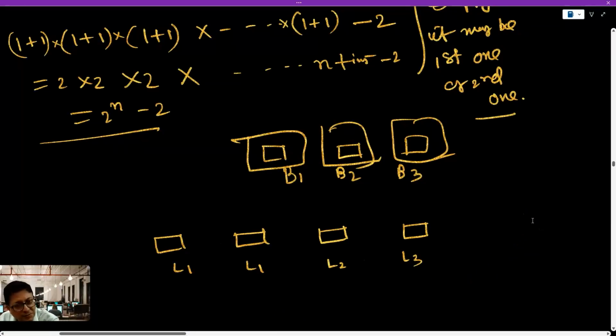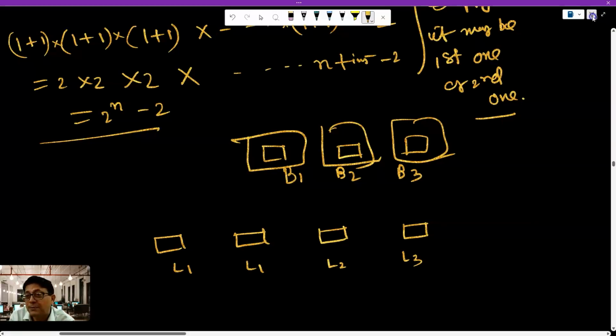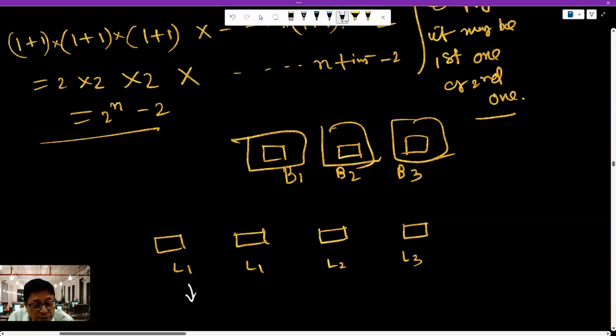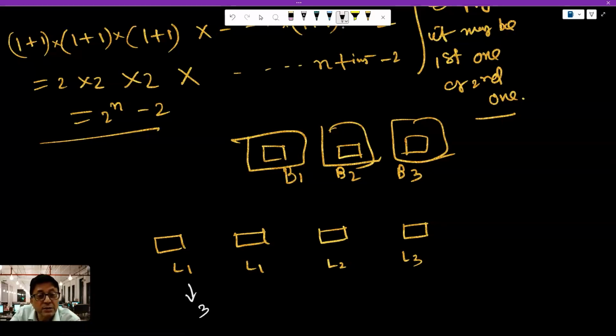Similar question? No, it is not similar, because this particular letter can go to any one of the 3 boxes. This box contains many letters, hundreds of letters can be there. You have brought only 4 letters.